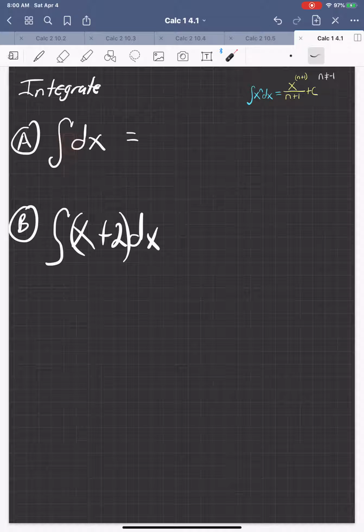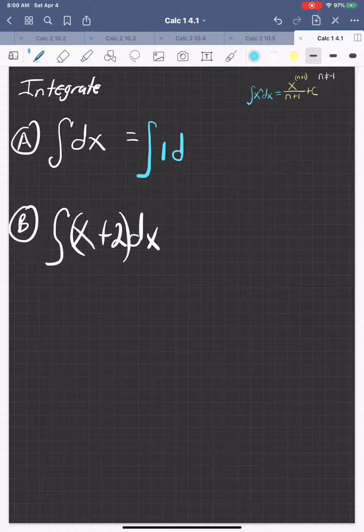Well, when you see it written like this, with respect to dx, you want to think about that as having a 1 inside as the integrand. I know you're wondering where the 1 appeared. That's just the way you want to think about this.